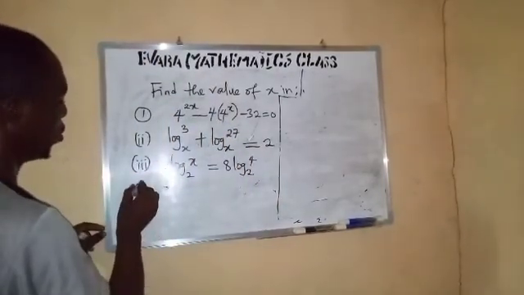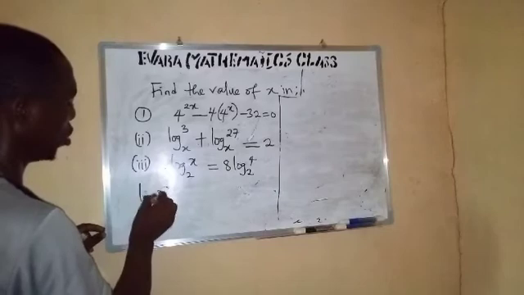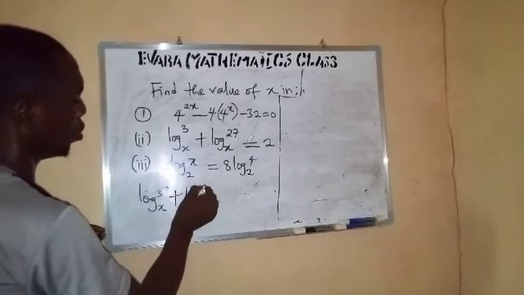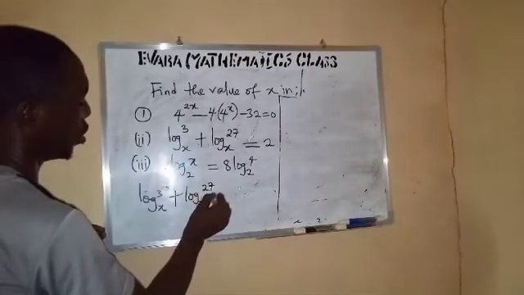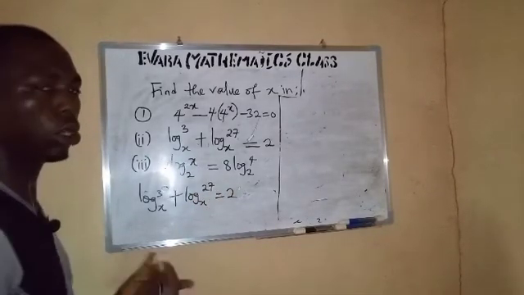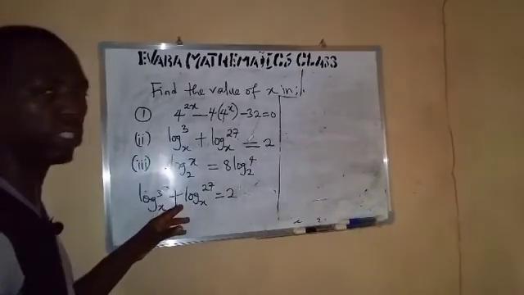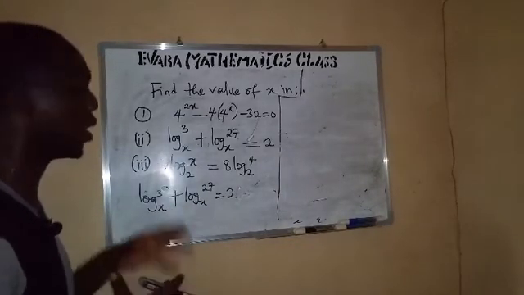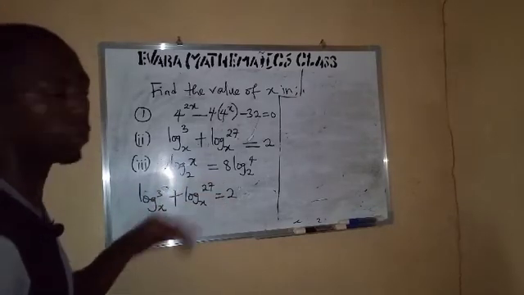We have log 3 base x plus log 27 base x is equal to 2. In laws of logarithm, when you have addition like this and they have the same base, it means you multiply this 3 and 27.